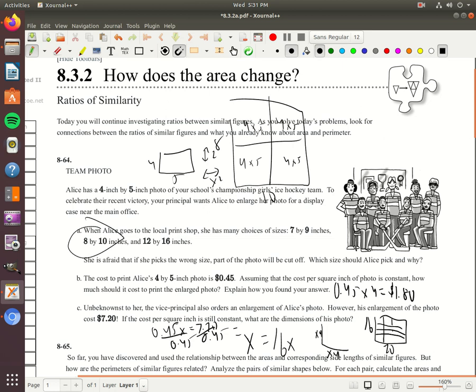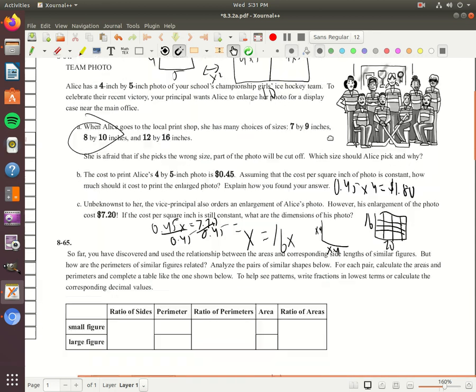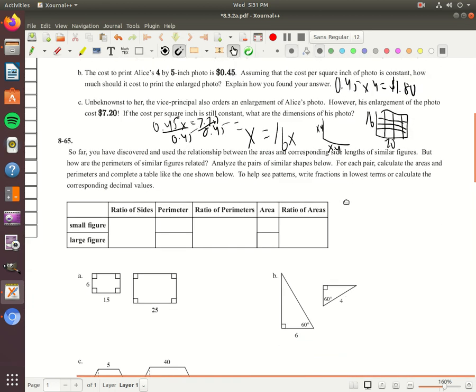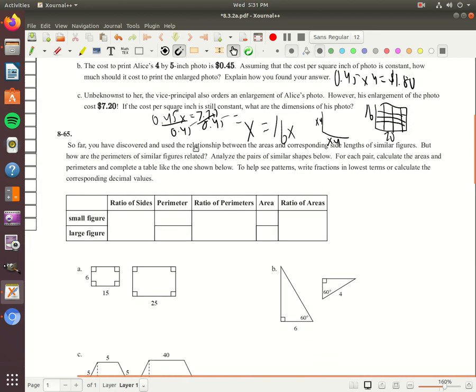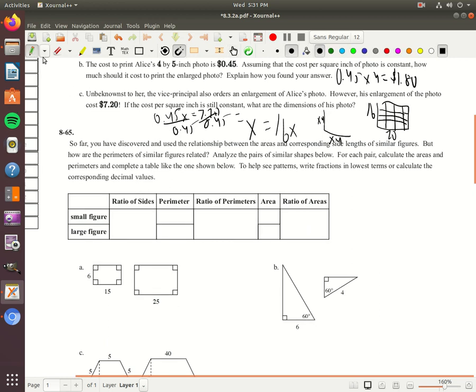There's our 5, 10, 15, 20 inches. So 16 by 20 actually has 16 times more area than a 4 by 5 does. Again, all that goes back to the last section, 831.